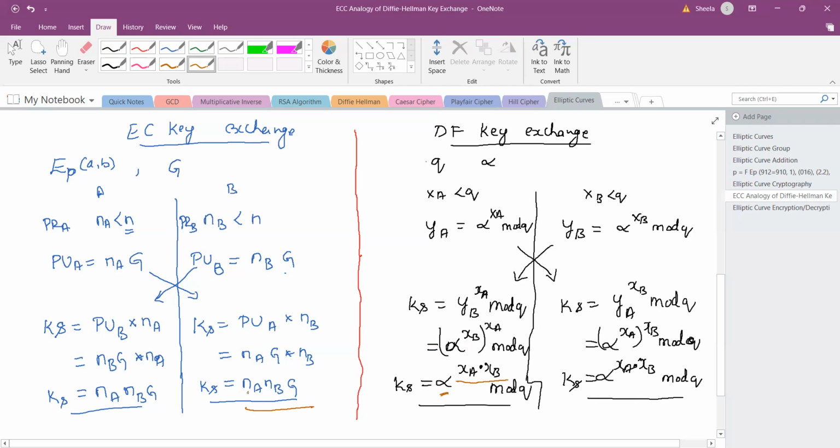Here NA and NB are private keys of users A and B, and here also XA and XB are private keys of users A and B. This is how we can exchange a session key using elliptic curves and Diffie-Hellman. This is the analogy or similarity of key exchange using elliptic curve and Diffie-Hellman key exchange.